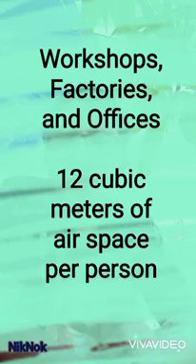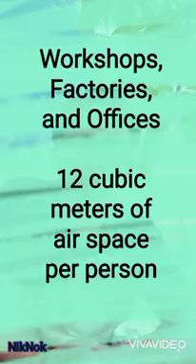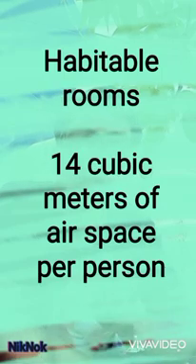For workshops, factories, and office areas, we have 12 cubic meters of airspace per individual. According to the code, habitable rooms should have 14 cubic meters of airspace per person.